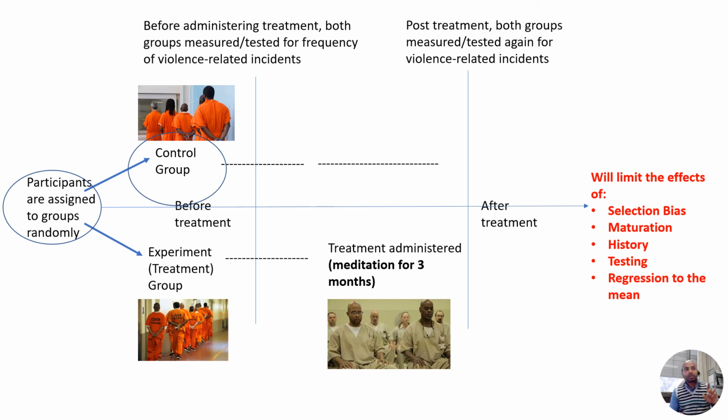So it was not that you only sent the people who were seeking therapy already into the treatment, hoping that the treatment that you administer and the therapy that they are currently seeking with a professional doctor both has an effect, so that you can show an effect of your treatment on the treatment group and get the result that you want, or prove your hypothesis. Everything is still randomized. So the reviewers and the examiners know that everything was still randomized and you did not allot participants in a way that you get the desired result.